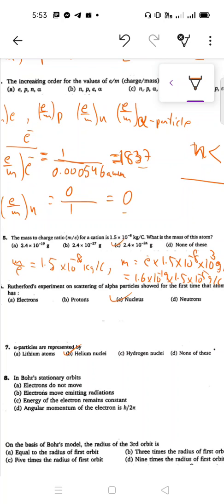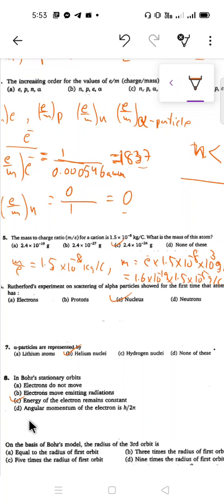C, energy of electrons remains constant, until it gets absorption. Energy of electrons remains constant.